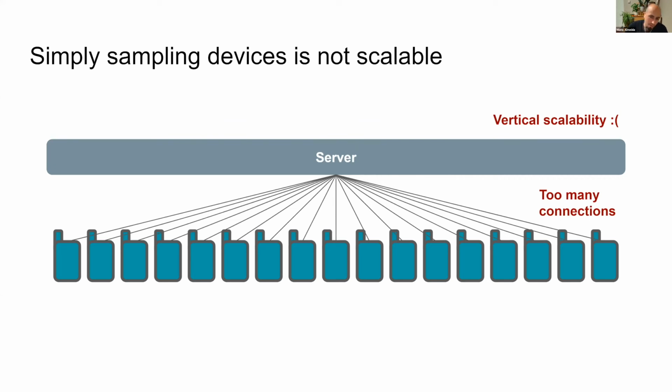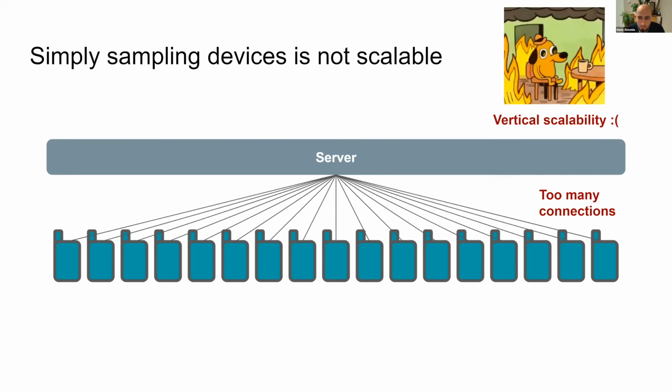Of course, there are many things that you could do there. I'm not going to go into too many details, but from scaling reads through replicas, or for writes, you could potentially have cohorts of devices and then have some transfer learning across these cohorts of devices. There is a lot of research already in that area. So yeah, everything goes on fire if you have this many connections.